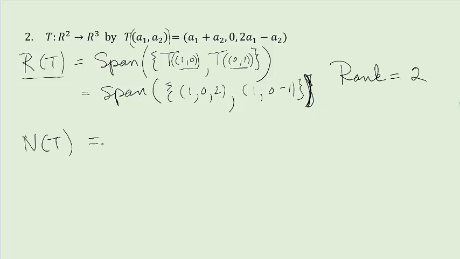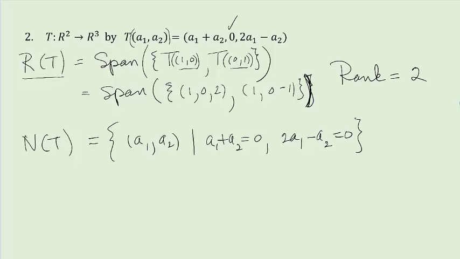The null space will be equal to the set of all ordered pairs (a1, a2) in the domain R2 such that a1 plus a2 is equal to 0. The second coordinate is 0. The third coordinate, well, we have to have 2a1 minus a2 equal to 0 also.